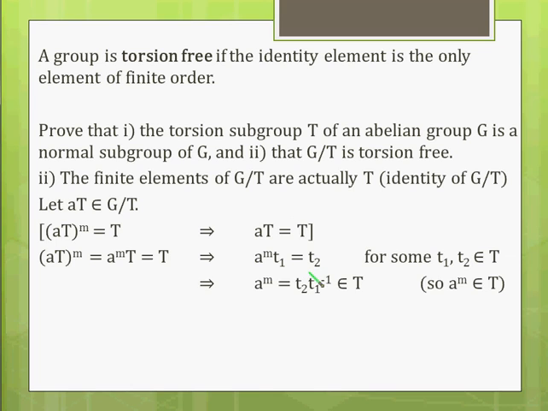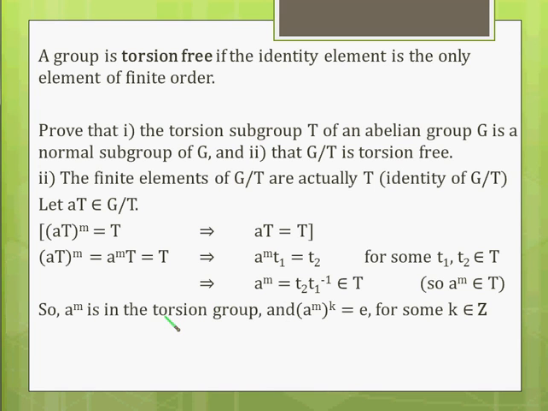But then if that's true, then we take t1 inverse on both sides, and we have a to the m is t2 times t1 inverse. And since this is obviously in T, since this is a subgroup and it's closed, then since that's equal to a to the m, then a to the m is in T. Since a to the m is in T, then a to the m is in our torsion group, so it's finite.